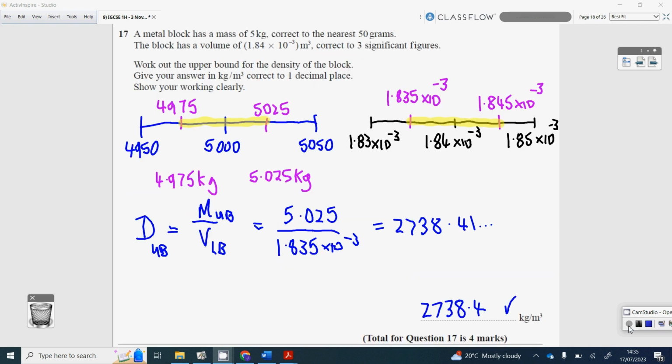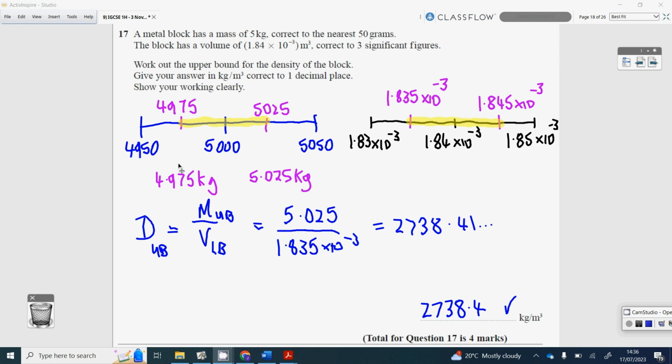Now, with these bounds questions, I think it's quite nice just to do number lines to help you gather your thoughts. So I'm starting off with this 5 kilograms, which I'm immediately converting to grams, 5,000 grams. And that's correct to the nearest 50 grams. So going up to here, the next nearest 50 grams would be 5050.